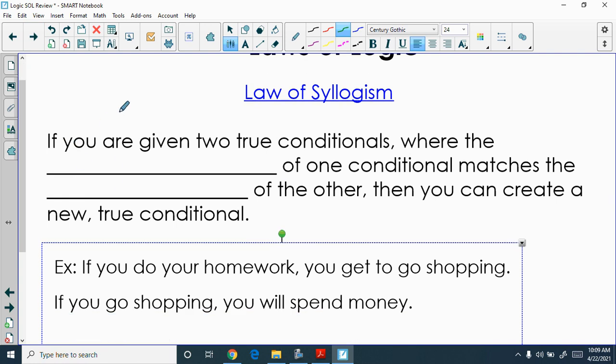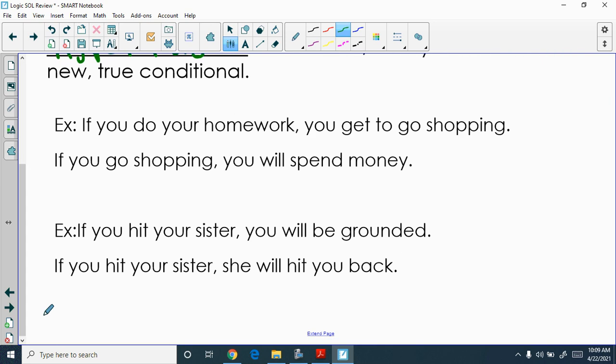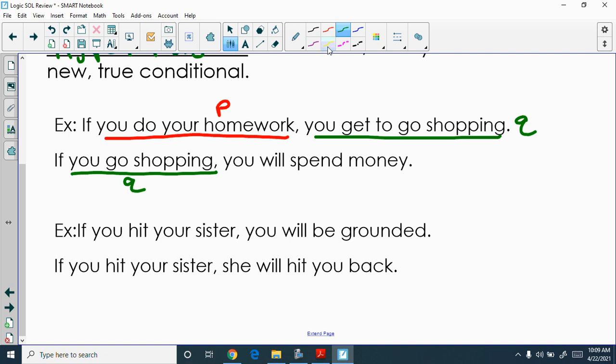For the law of syllogism, if you're given two conditional statements where the conclusion of one conditional statement matches the hypothesis of the other, you can create a new true conditional statement. So let's take a look. If you do your homework, P, you get to go shopping, Q. If you go shopping, Q, you will spend money.